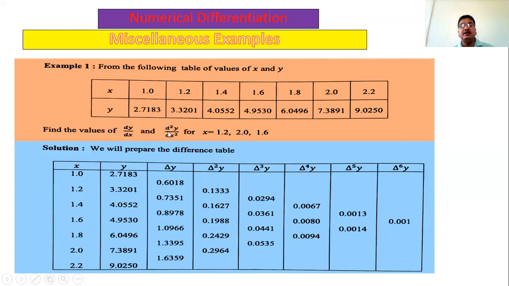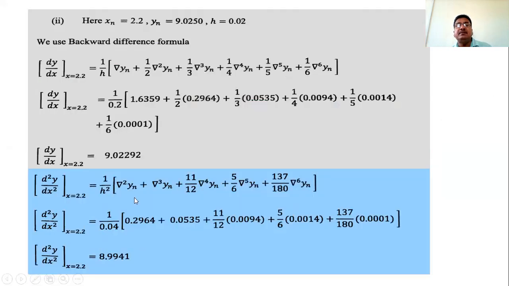Then we have to find the first order and second order derivative at 2.2. So consider this 2.2 as the last point. This is xn, this is yn, this is del yn, this is del square yn, this is del cube yn, and in this way. So write the formula up to del raised to 6 yn and substitute the values. That is, we have x is equal to 2.2, dy by dx at x is equal to xn is 1 divided by 0.2, that is the value of h, then del yn from the table.